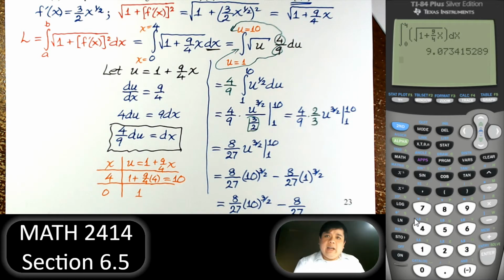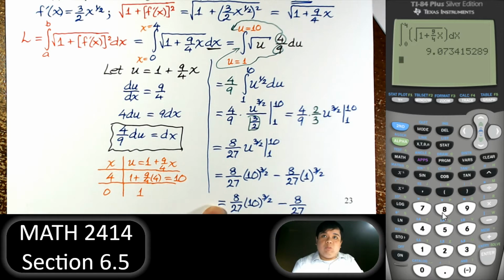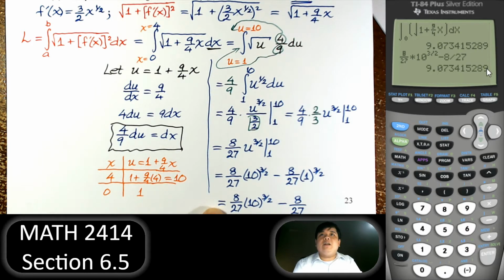So how about we enter it like this, alpha y equal, that gives us a fraction, and then times 10 to the 3/2 minus 8 over 27. Yeah, of course. That should be the same thing.